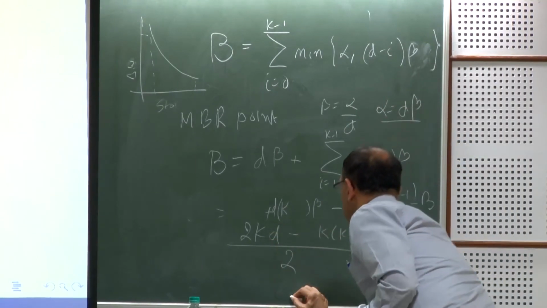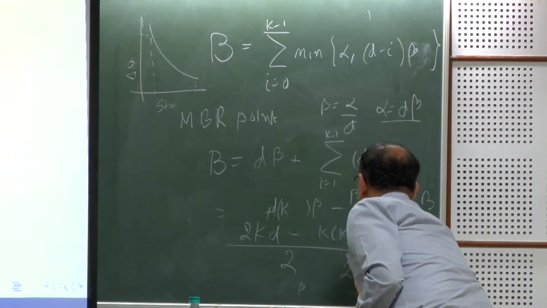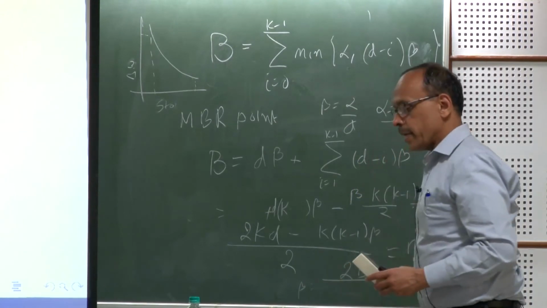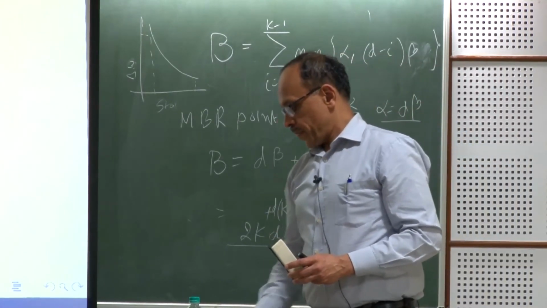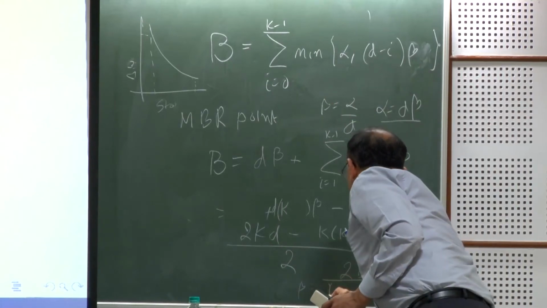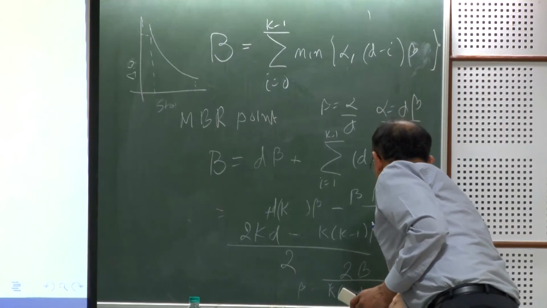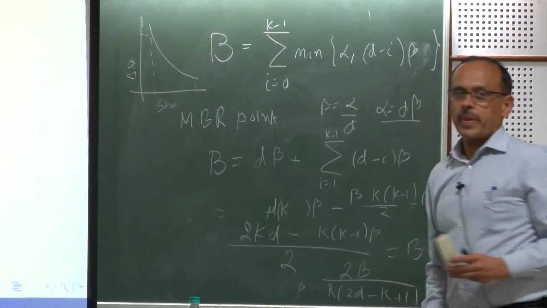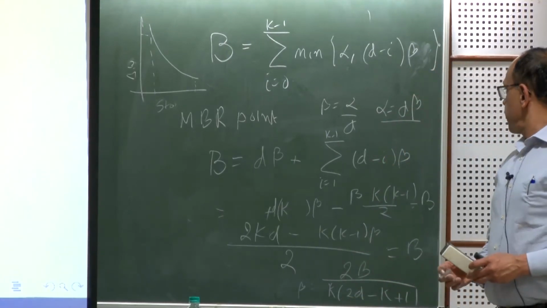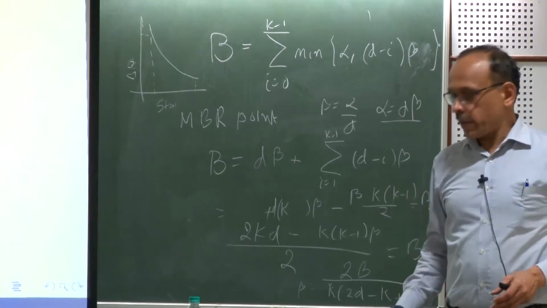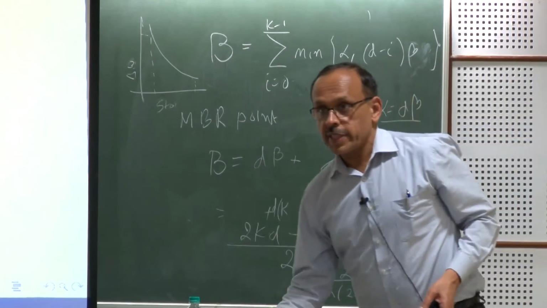So you get beta is equal to 2b divided by k times 2d minus k plus 1. It's a bit slower, but I think you can follow. So that's what these 2 equations are.